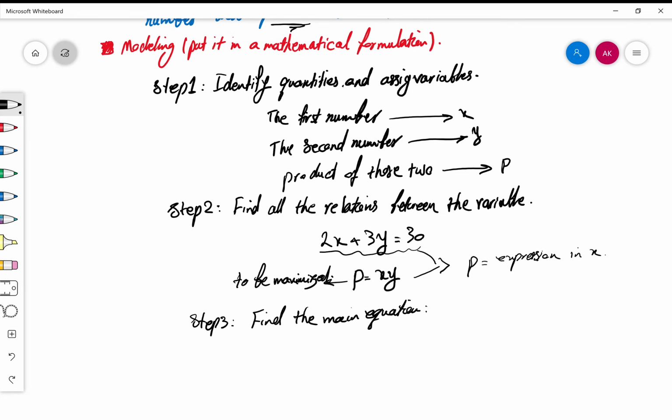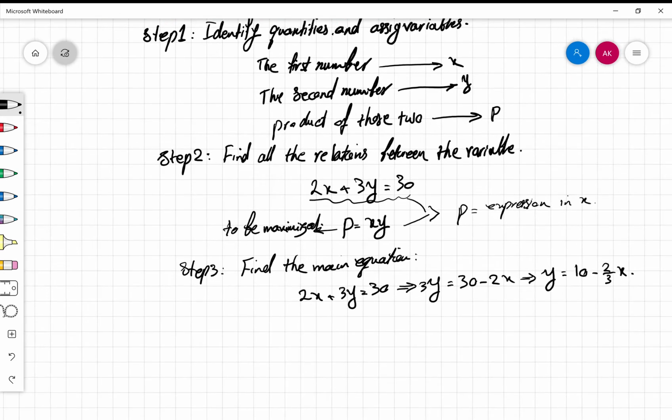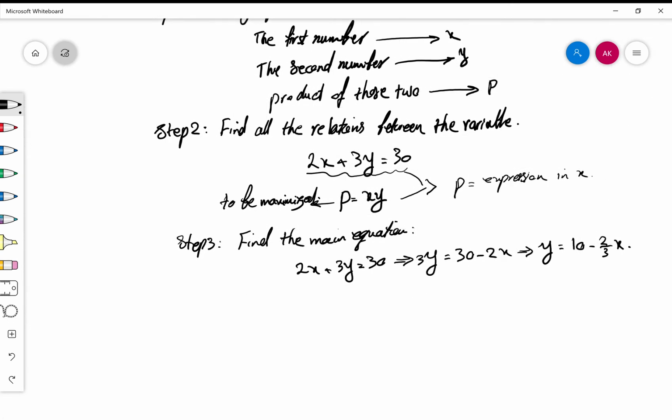Well, how do we do that? We have 2x plus 3y equals 30. I can write y as a function of x. I take 2x to the other side, 30 minus 2x, and divide both by 3. So we get 30 divided by 3 is 10, minus 2/3 of x. Very nice.